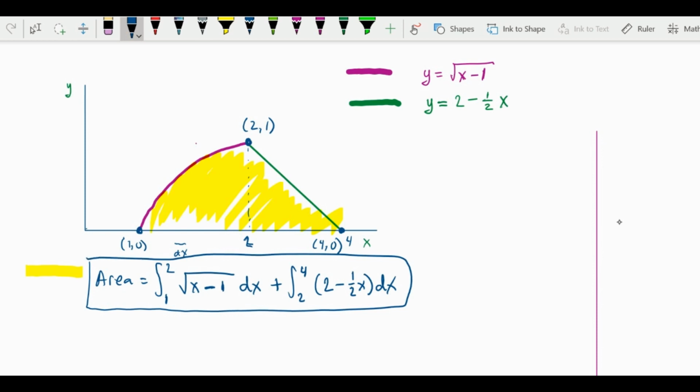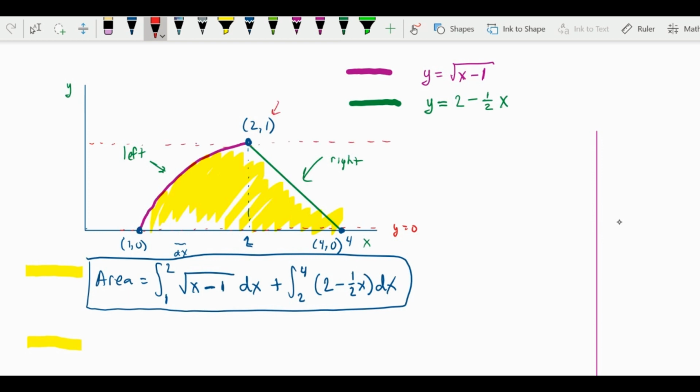But I could also do it by integrating in the y direction. Use contrasting color for that. So what I need to do now is understand that this now becomes the right curve, and this becomes the left curve, and that what I'm doing is integrating from a low y value of here, right along the x-axis, that's y equals 0, up to a high y value there.